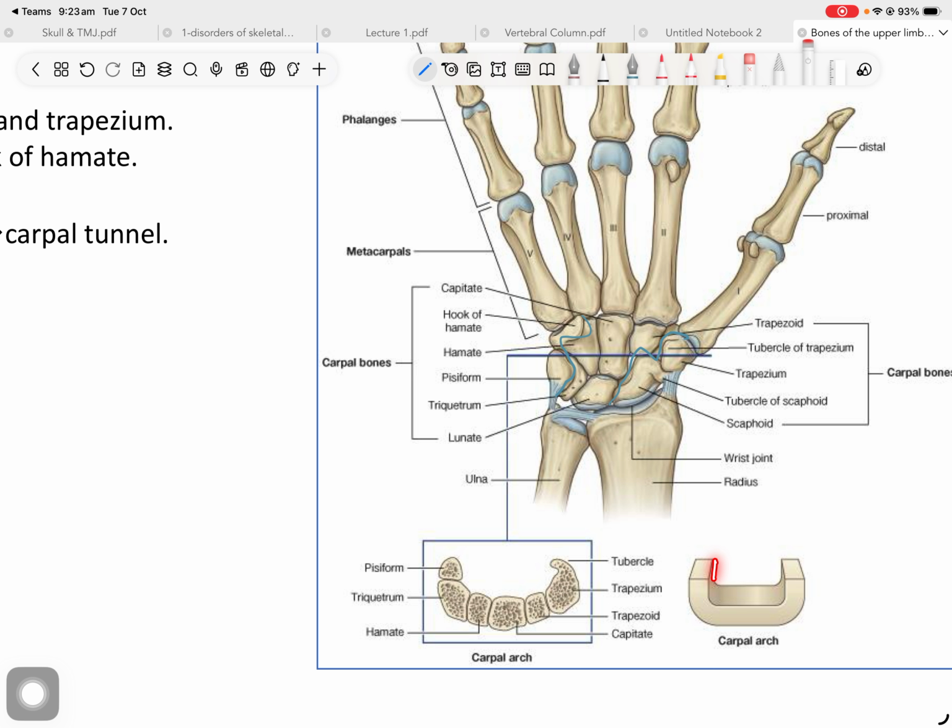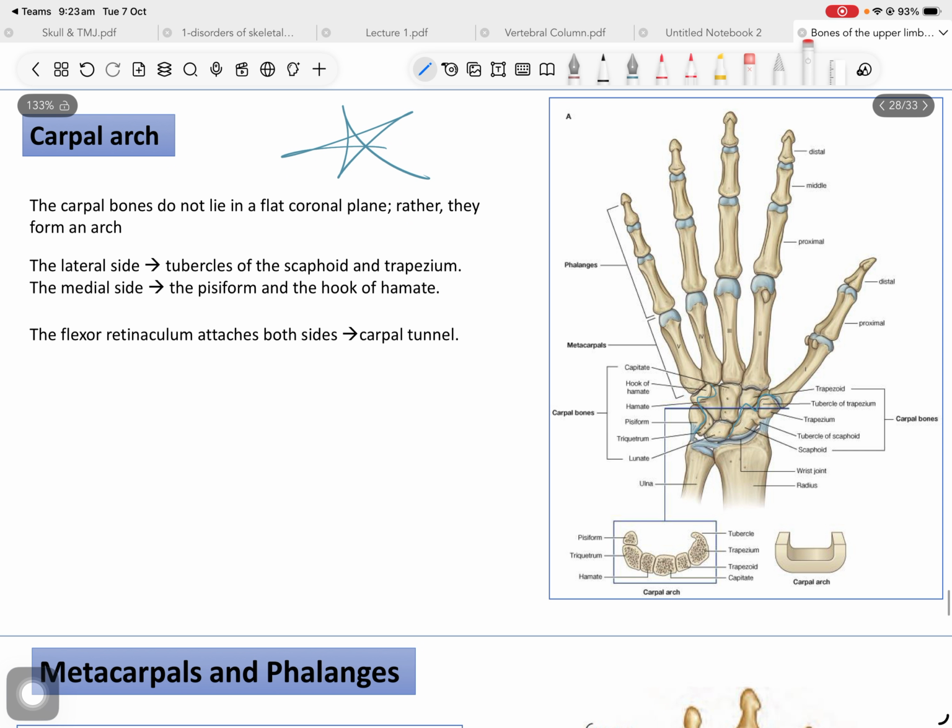On top of it, I have a fascia, we call it the flexor retinaculum. What is the importance of this tunnel? Very important structures pass under it, muscles, nerves, etc. We'll talk about them later in our lecture. But for now we need to know we have the carpal arch. This arch turns into the carpal tunnel when it is closed by the flexor retinaculum.